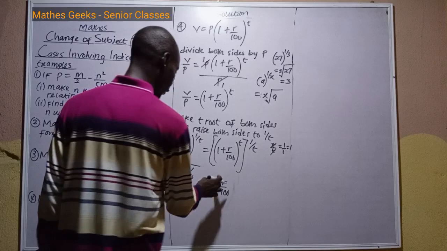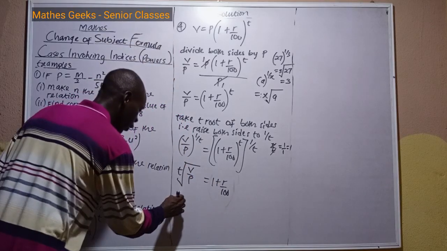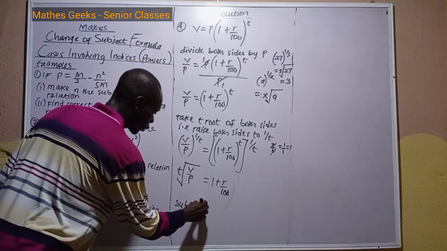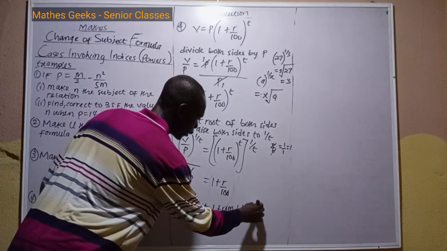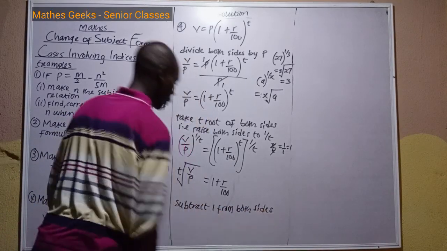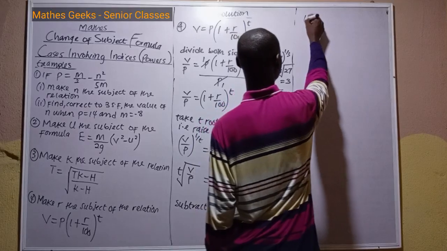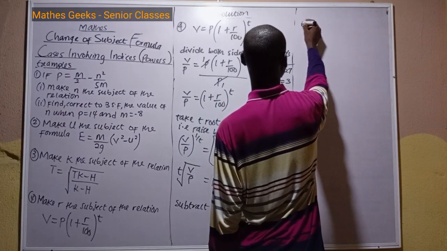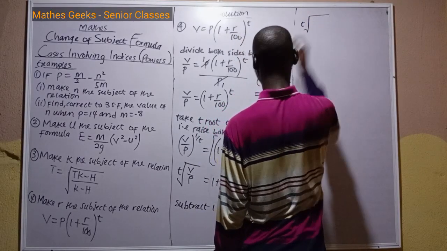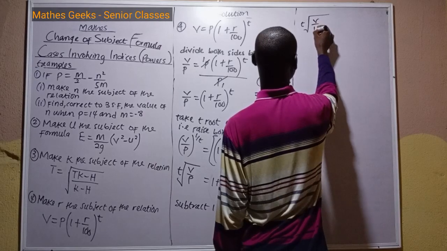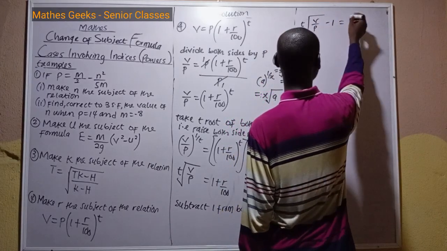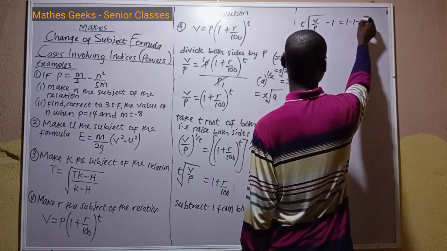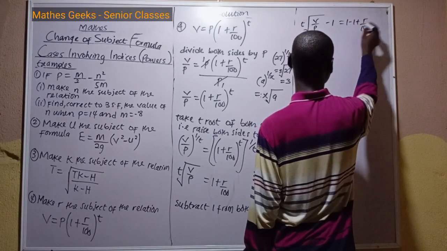The next thing is to eliminate 1. So what we do is subtract 1 from both sides. So we're going to end up with the T-th root of V over P minus 1 is equal to 1 minus 1 plus R over 100.